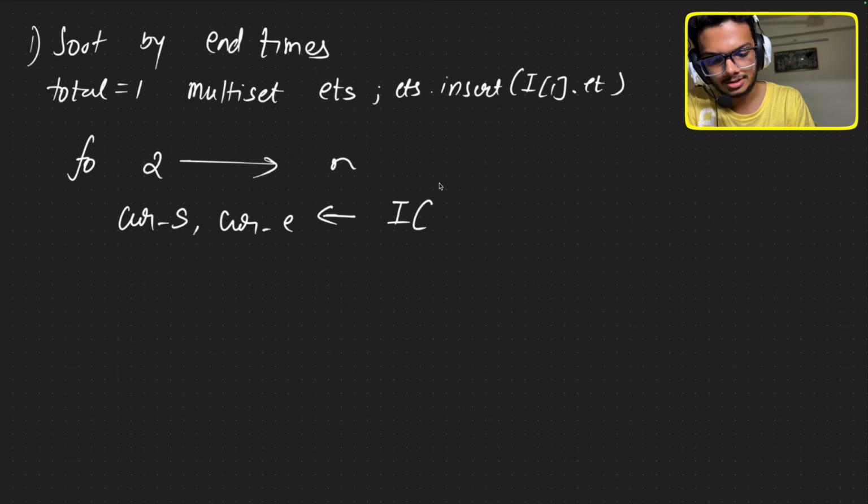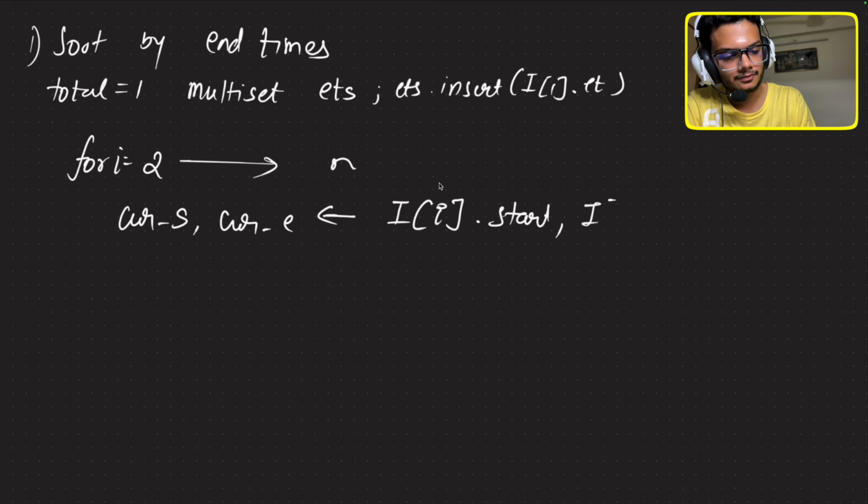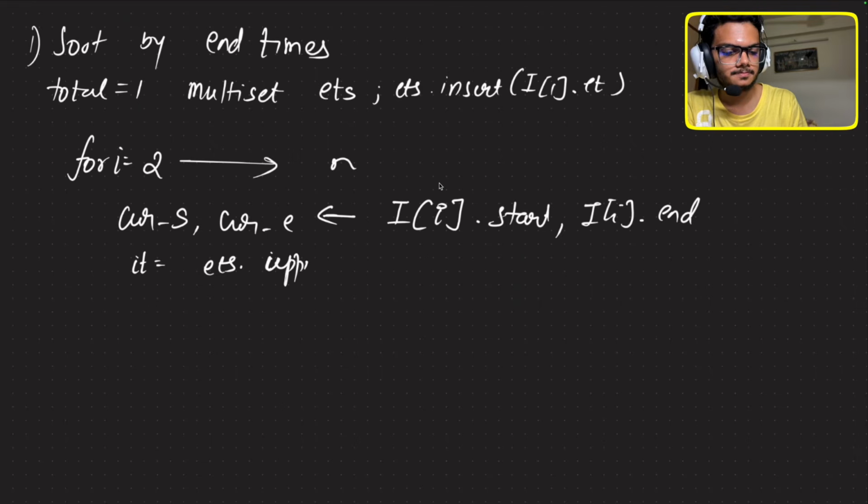For i equals 2 till n, interval of i dot start and interval of i dot end. Now find the upper bound. Let's call this it, which is ets dot upper bound of s, because we'll try to find the closest end time to this s.